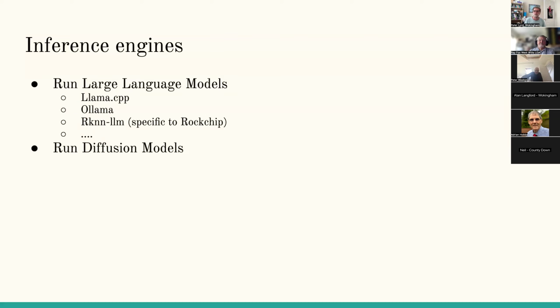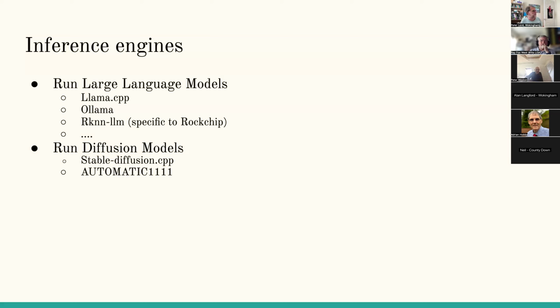And to run diffusion models that will generate pictures, we can use stable-diffusion.cpp, an open source program you can download and run. And instead of loading and running large language models, it will load and run diffusion models.